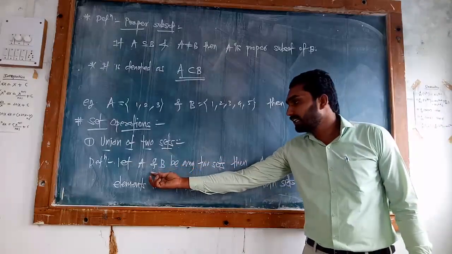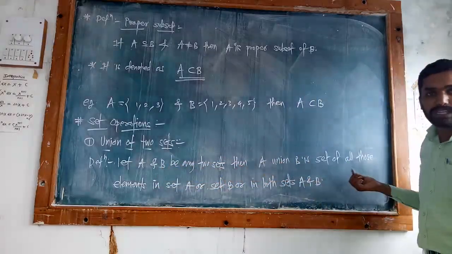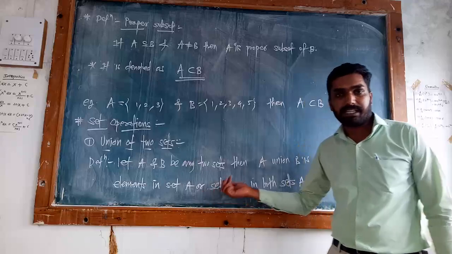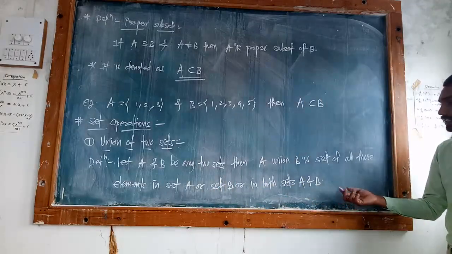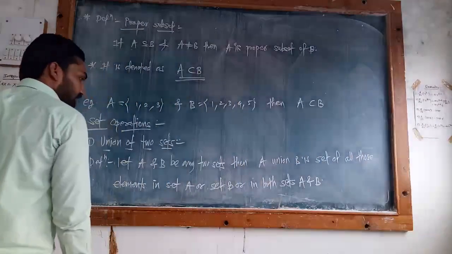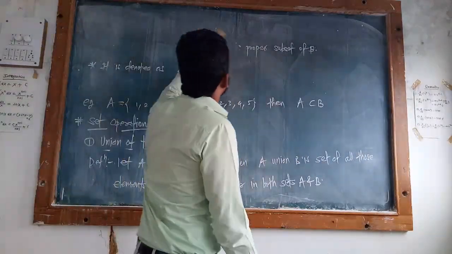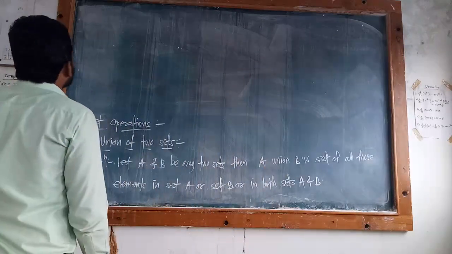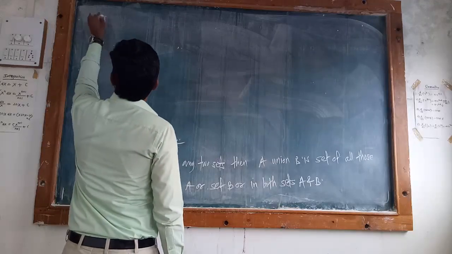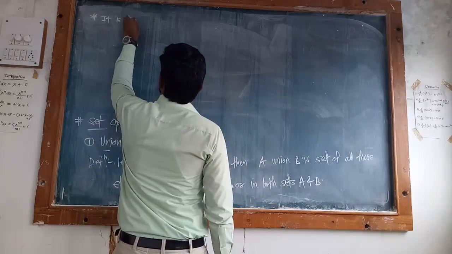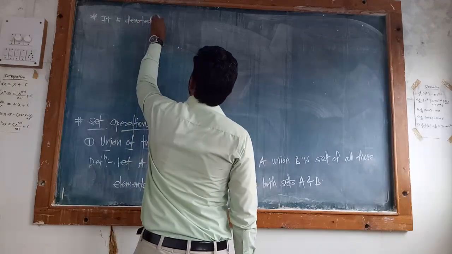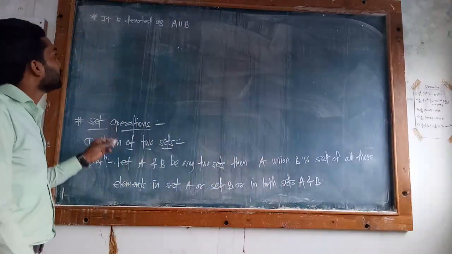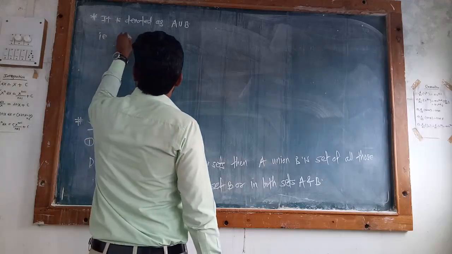Capital A and capital B be any two sets. Then A union B is the set of all those elements in the set A or in set B or in both A and B. Okay? It is denoted as A union B. What do you mean by A union B?